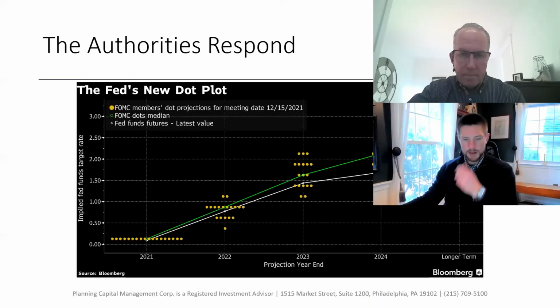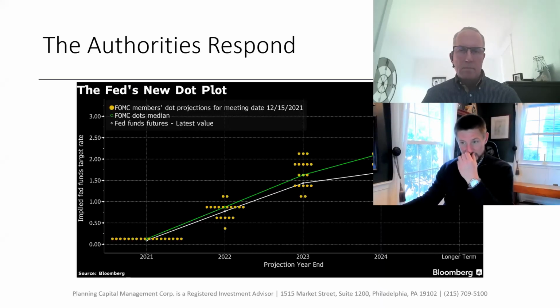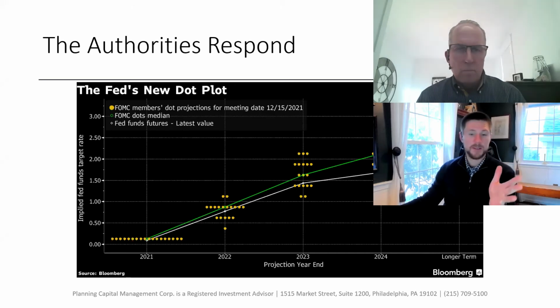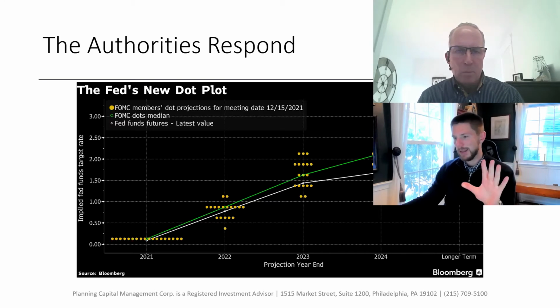So I think this is really the important thing to realize of what this means. When that inflation wave comes in, the authorities are going to respond, and this is the ironic thing, because I feel like the tone of this sounds a little bit apocalyptic, but it's not.